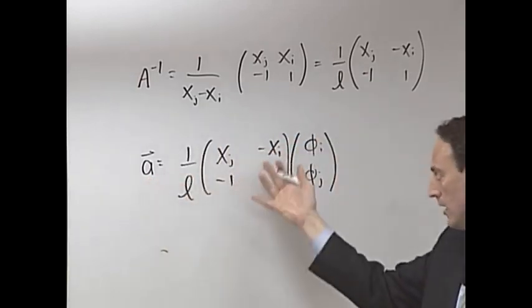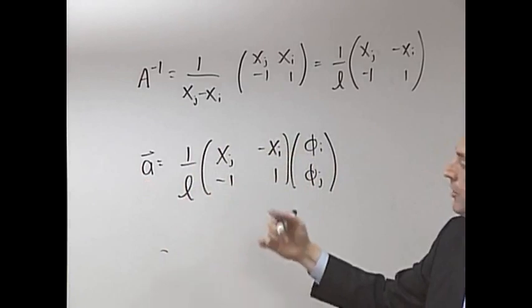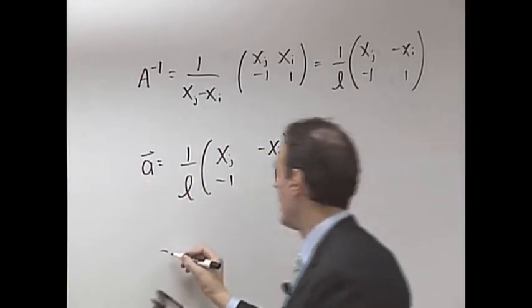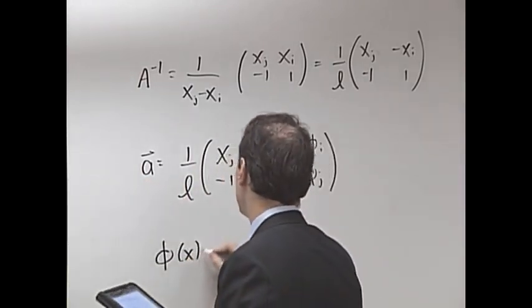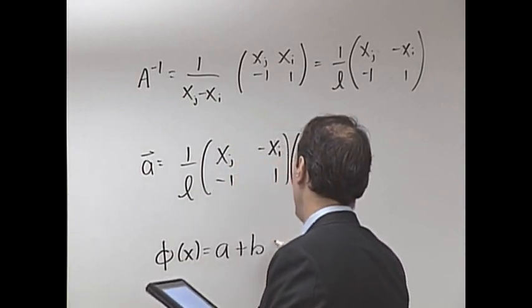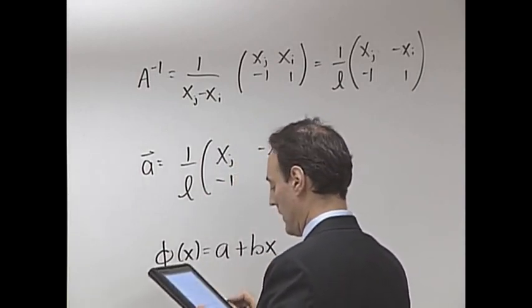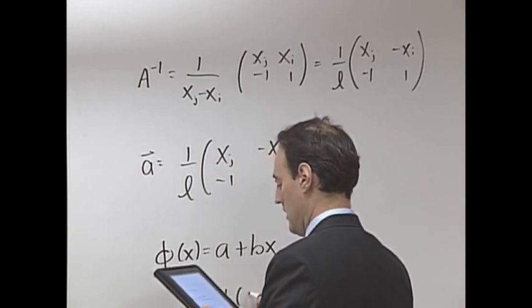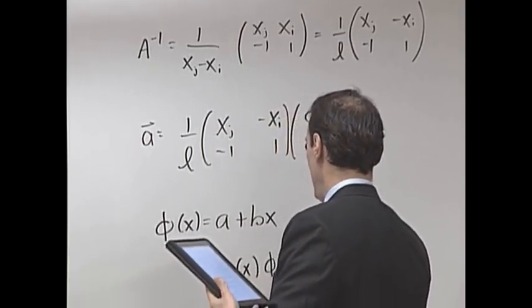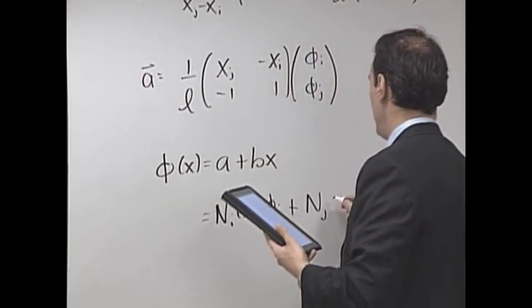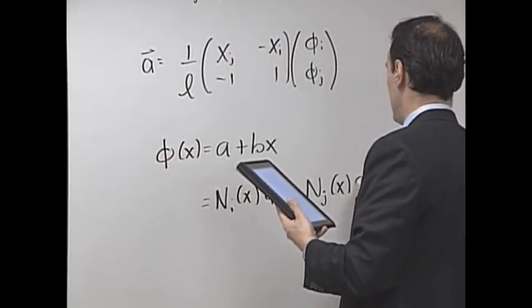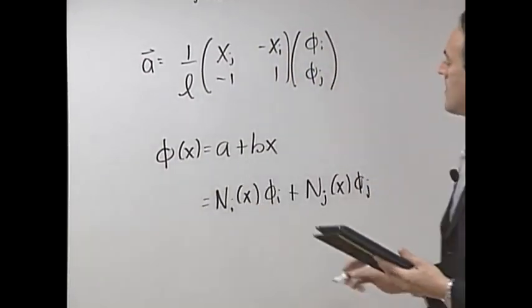From here, you can solve for A, solve for B, and then you can say, well, once I have A and B, remember that psi of x is A plus Bx. So if I put in what A and B are, I get the following: Ni(x) phi i plus Nj(x) phi j.